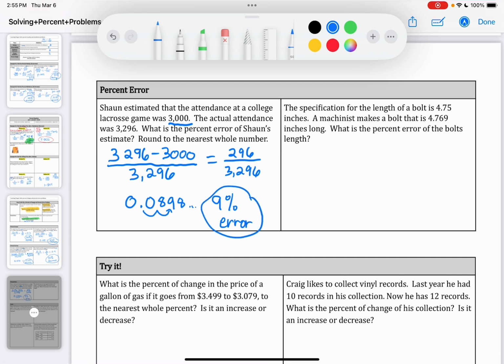The specification for a length of a bolt is 4.75. A machinist makes a bolt that is 4.769 inches long. What is the percent error?